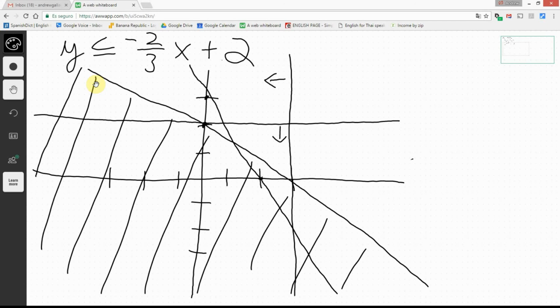So basically, statement 2 tells us that the X value of the point is to the left of that vertical line that I drew, and the Y value is less than the horizontal line I drew.